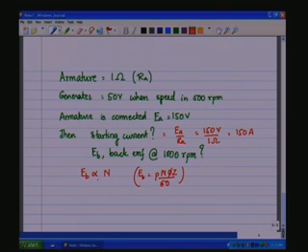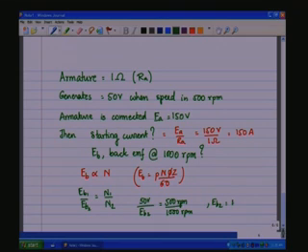Back EMF is proportional to N. So, EB1 by EB2 is equal to N1 by N2, and therefore, 50 volts by EB2 is equal to 500 RPM by 1000 RPM, and therefore, EB2 is equal to 100 volts.